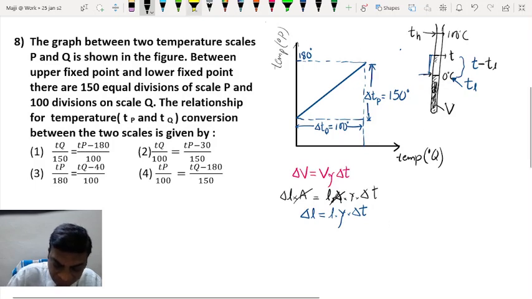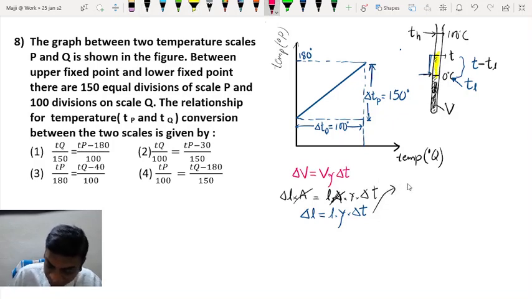So for the first expansion from 0 degree Celsius to T degree Celsius, I can write the equation, let us take this as delta L1, this portion, is equal to original length into gamma into delta T. Delta T is T minus TL.